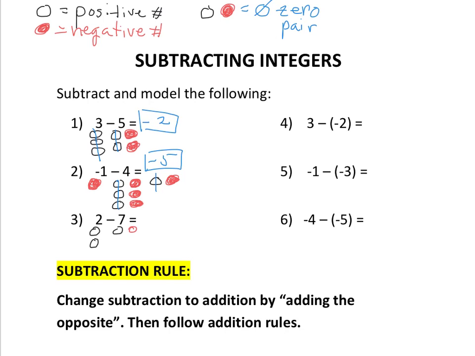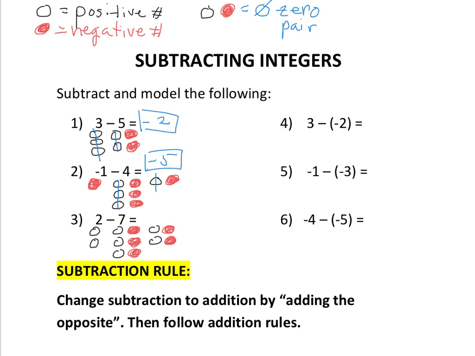Now that gives me 3 positive numbers, 4 positive numbers, 5 positive numbers, 6 positive numbers, and finally I have 7 positive numbers that I can take away.